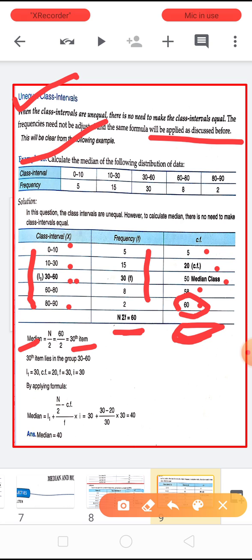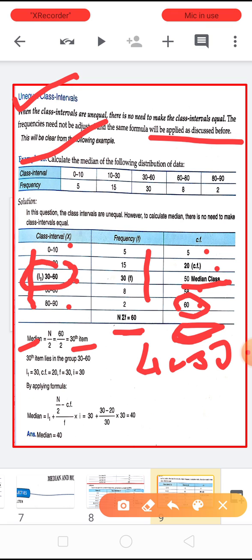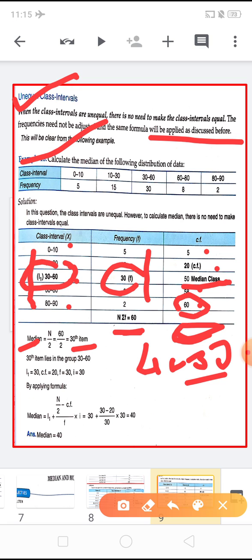Children, this 30th item lies in the 50 of the cumulative frequencies, which is considered as the median class, and in front of this is the class interval 30 to 60, in which we get L1, that is 30. The frequency here is 30, which lies in this particular median class, and before that we have a CF, which is 20. So once we get all these three values, we will apply the formula.